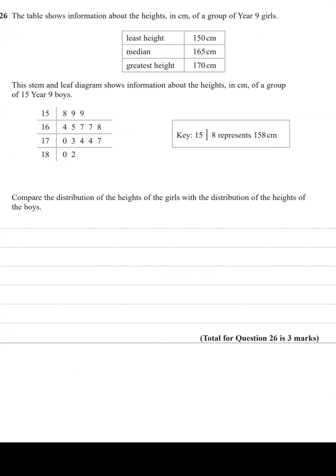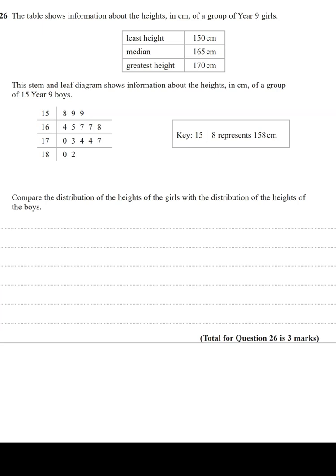Right, looks like we're going for a stem and leaf diagram. Table shows the information about the heights in centimetres of a group of Year 9 girls. Lowest, highest, median. The stem and leaf diagram shows information of 15 Year 9 boys. We've got the scale, the key there. Compare the distributions.